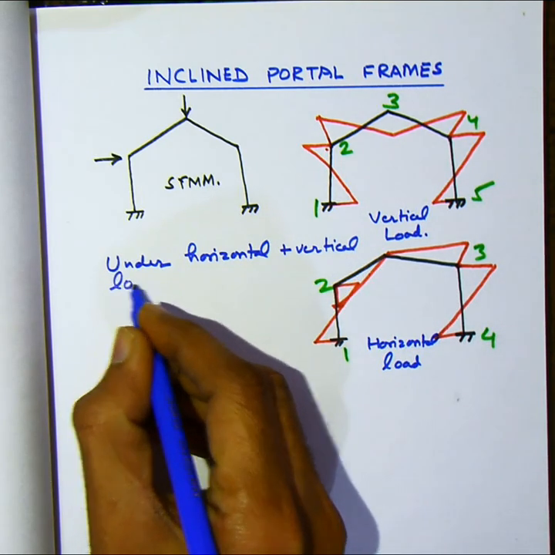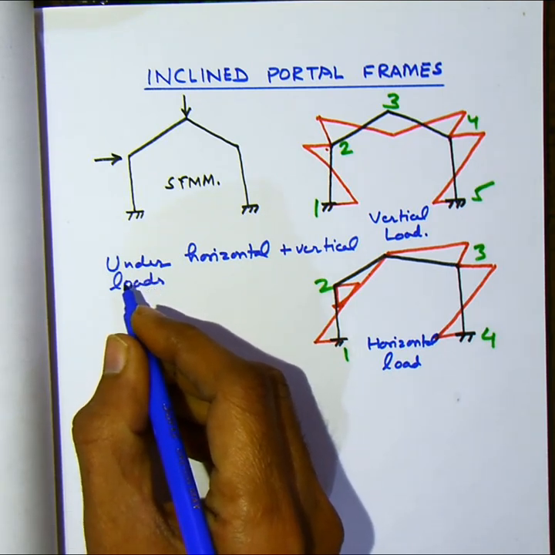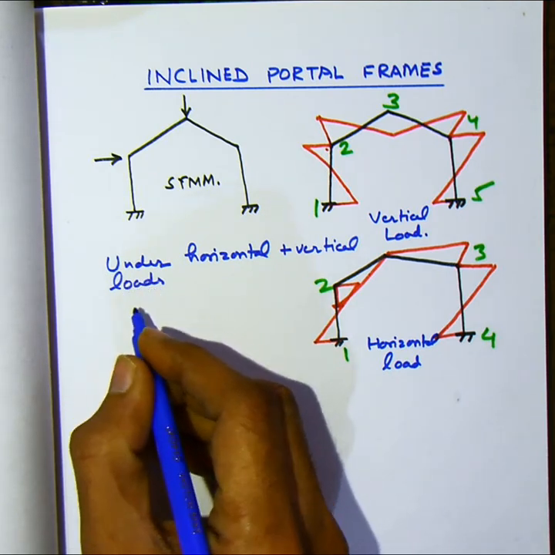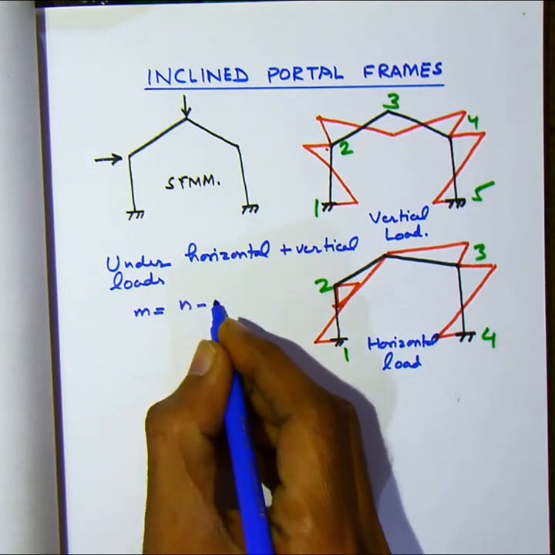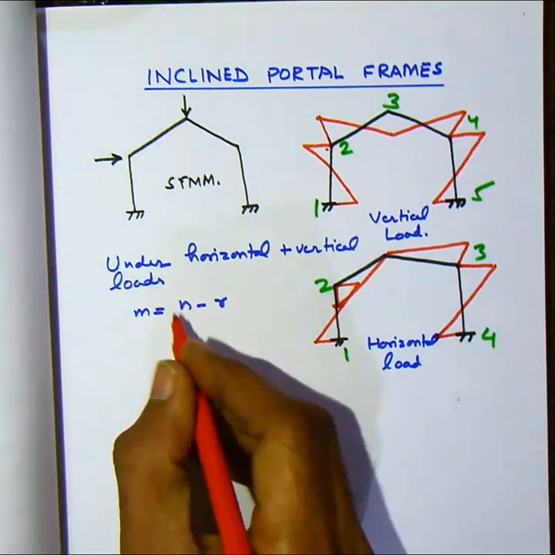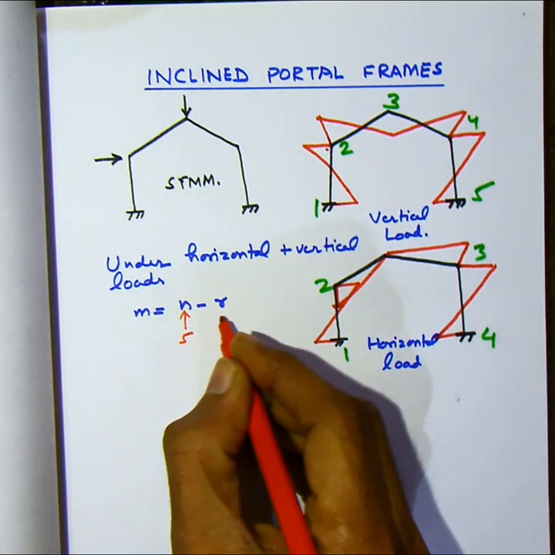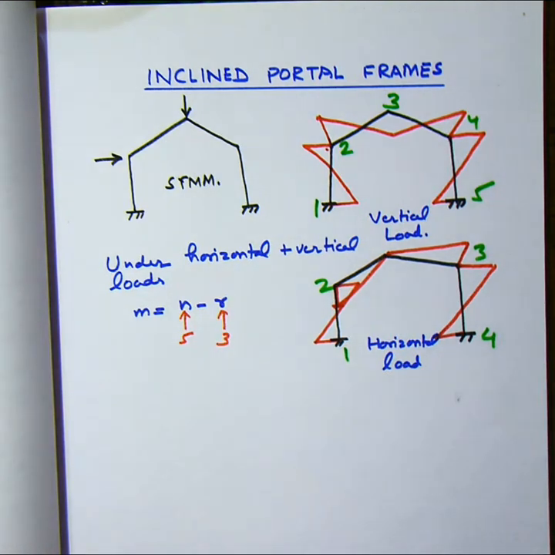So when we have the combined horizontal and vertical loads, in that particular situation we can compute n minus r, and that will come out to be 2.